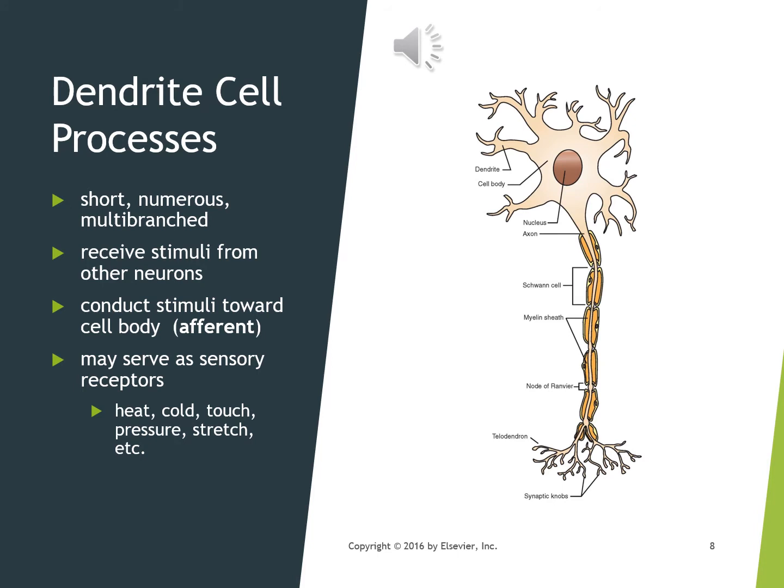Efferent is away, so there's no good way to remember that. But afferent, just think of adding. They also serve as sensory receptors, so for heat, cold, touch, pressure, and stretch.